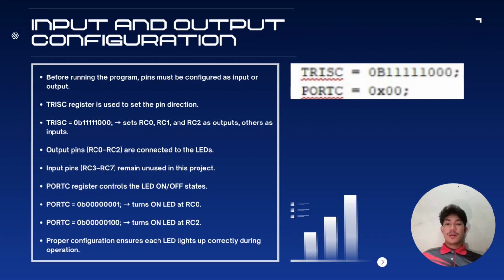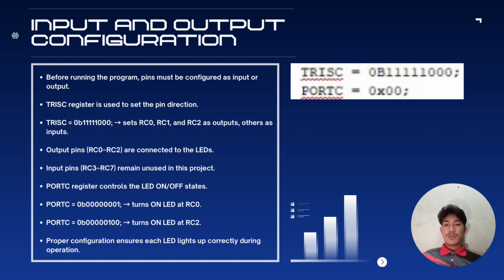Okay, the next one is talking about input and output configuration. So before running the program, pins must be configured as input or output. The TRISC register is used to set the pin direction.